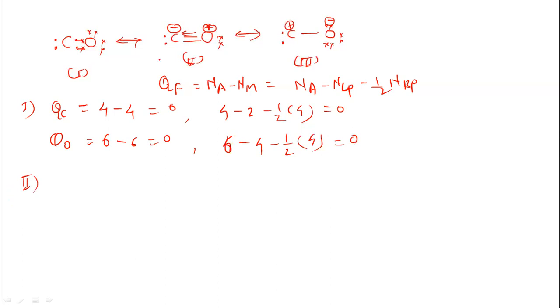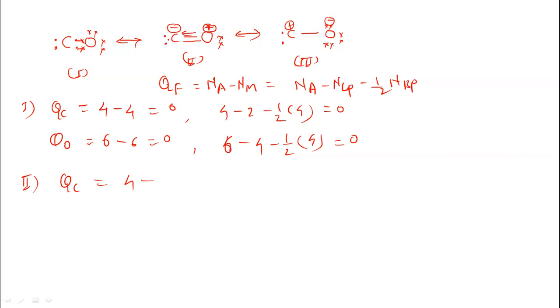Structure 2, see here. So formal charge on the carbon in structure 2: Na, that value cannot be changed here, it is 4, the number of valence electrons in the carbon atom, minus Nm, the number of electrons in the molecule.